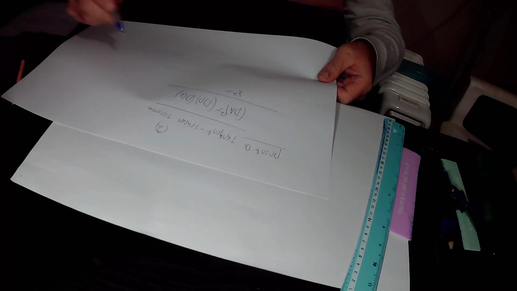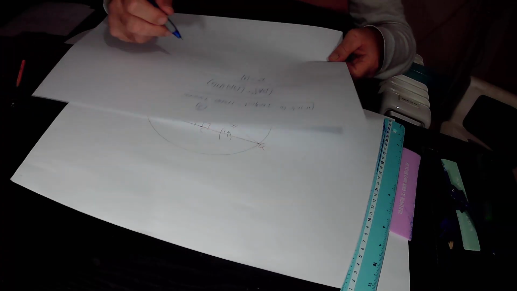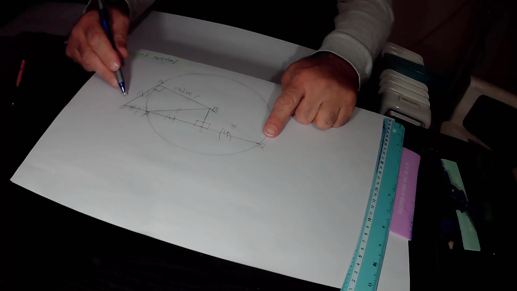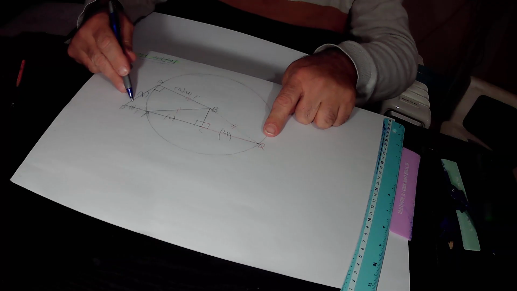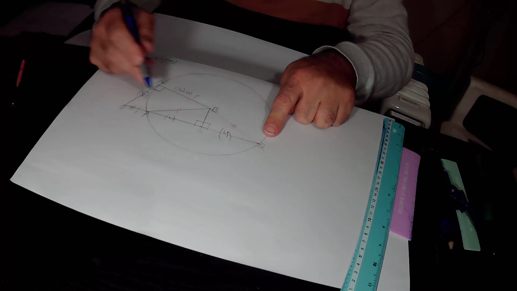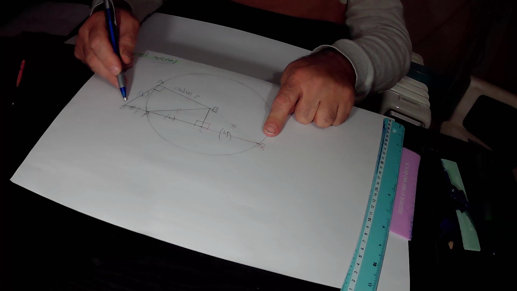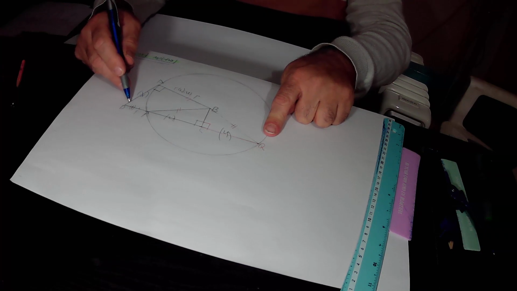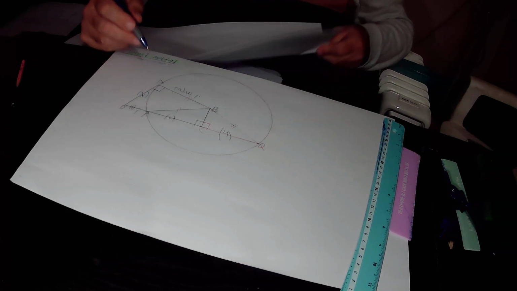So x squared equals 1 times DQ. What is the whole length of secant DQ? Secant DQ equals 1 plus 4 plus 4, that is 9.